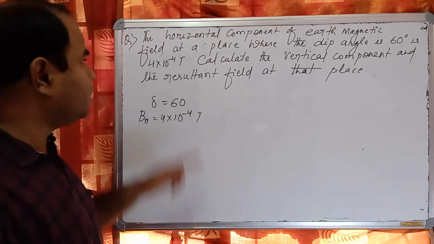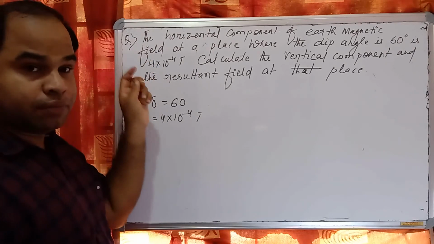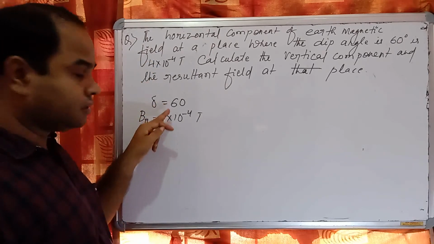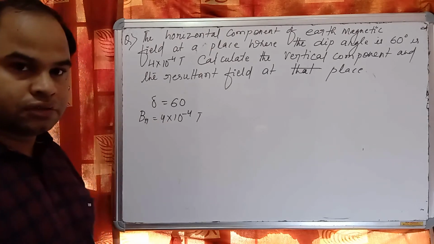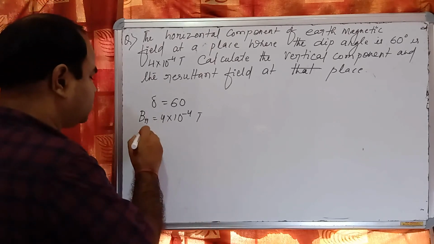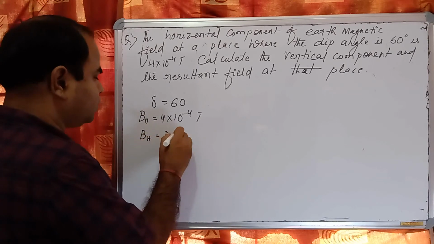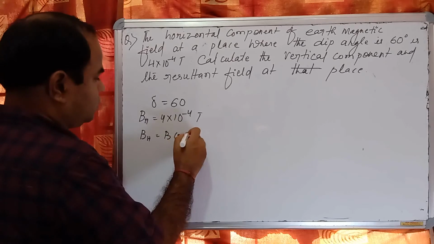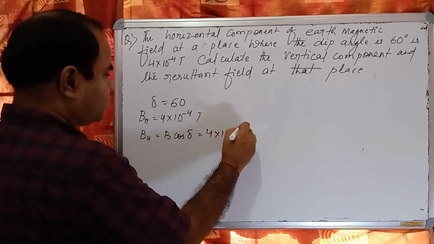The horizontal component of Earth's magnetic field at a point where the dip angle is 60 degrees is 4 into 10 to the power minus 4 Tesla. Calculate the vertical component. So BH, that is B cos delta, is equal to 4 into 10 to the power minus 4 Tesla.